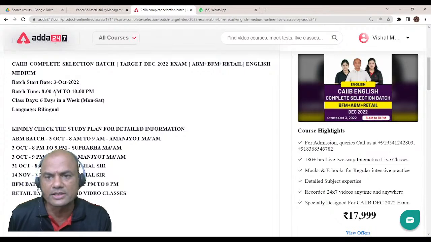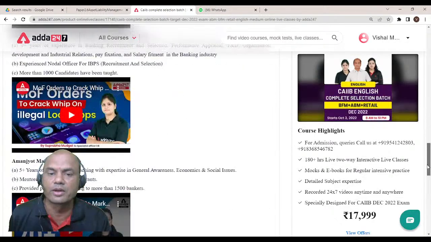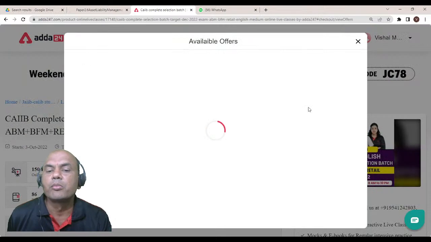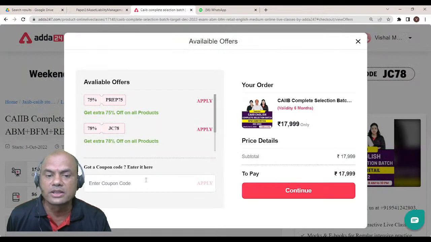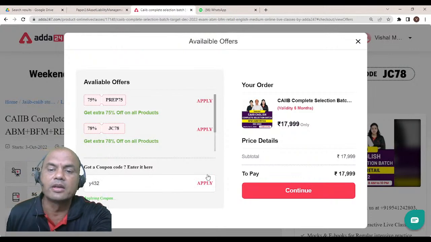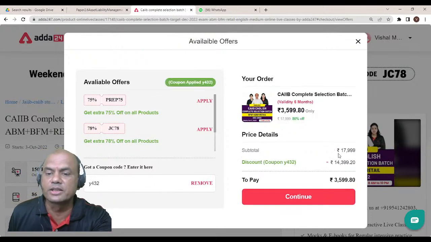If the question is for 2 marks, understand this very clearly: you will be losing 0.25 of it, meaning you will be losing 0.5 marks. If the question is for 1 mark and you answer it wrong, you will be losing 0.25 marks. That is the meaning of negative marking.